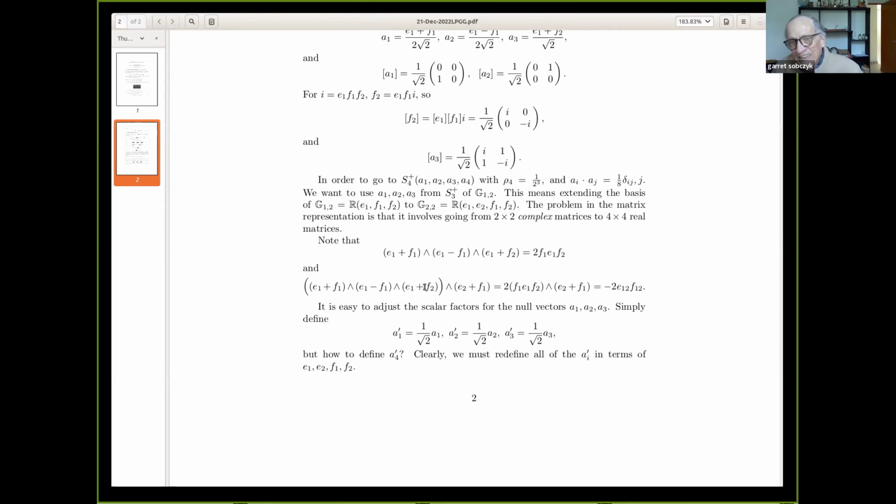We have a representation of E1, E2, F1, and F2 as a 4x4 matrix. And now it's just a matter of that's right. So that's a good way of proceeding.